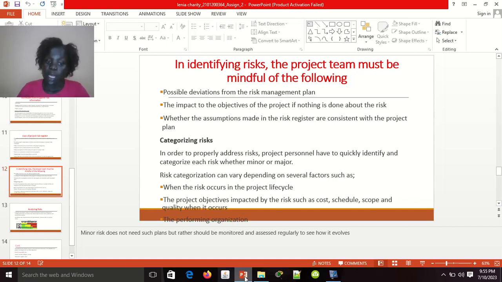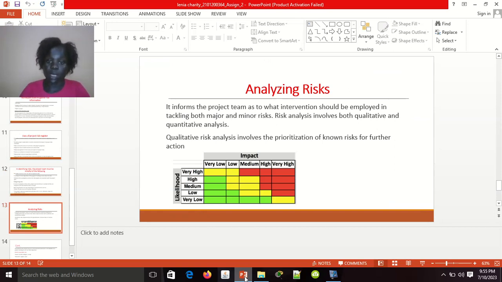So risk categorization can depend on various factors: when the risk occurs in the process life cycle, the project objectives impacted by the risk, and the performing organization. Then we have risk analysis.